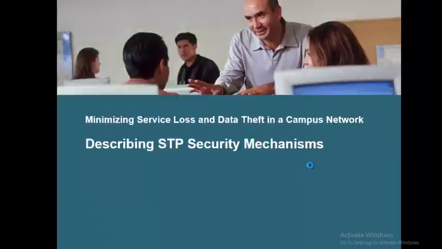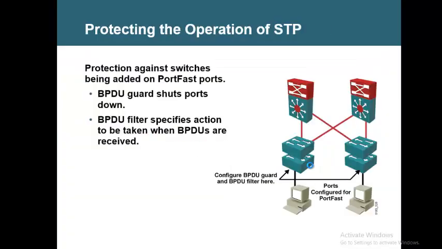Not only that, an attacker can also become a root switch by sending superior BPDU. To avoid such a thing, we can protect our network by enabling port fast. See, protecting the operations of STP, protecting against a switch being added on the port.